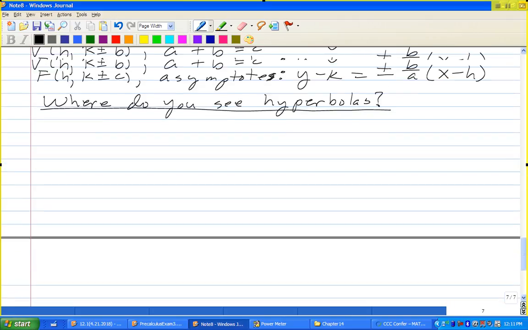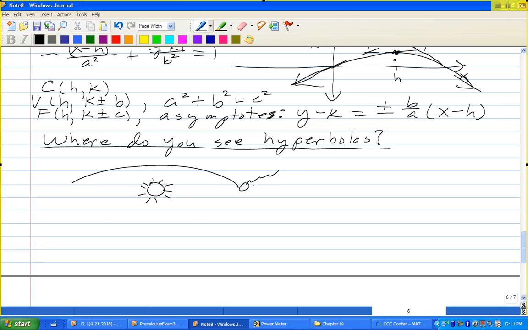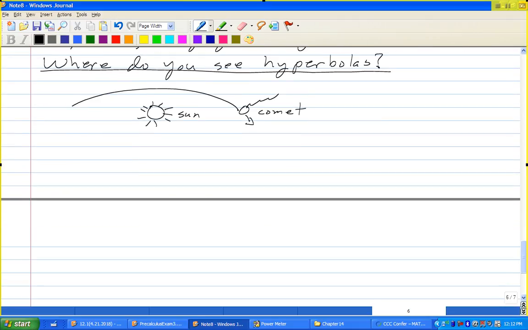If you happen to have a comet that passes by the sun once, it could possibly be going in a hyperbolic curve. Actually, it's probably more likely if it only passes once to be in a hyperbolic path.